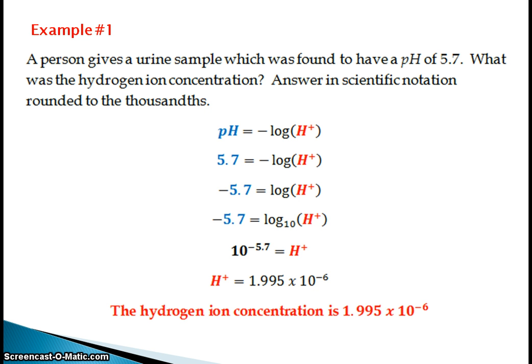H plus is 1.995 times 10 to the negative 6. I also want you to get into the habit of writing your answer out in words. The hydrogen ion concentration is 1.995 times 10 to the negative 6. Pause now and write down this example.